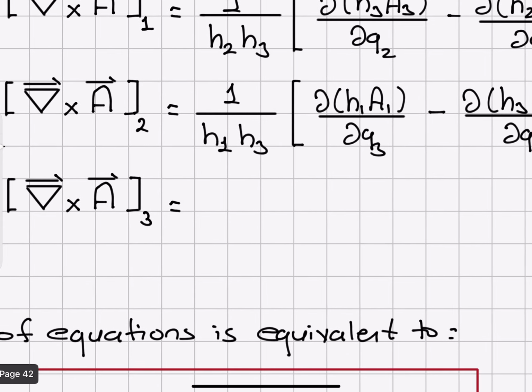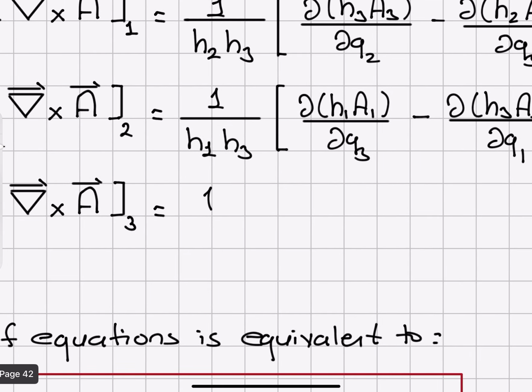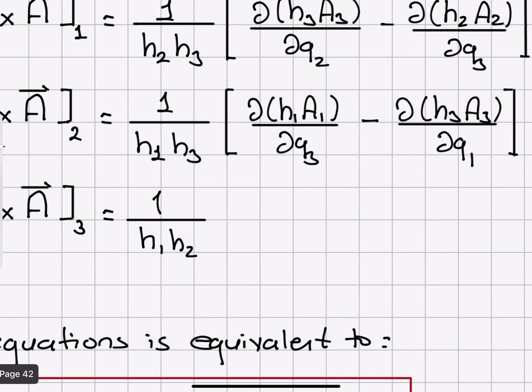And as for the third component, I would have 1 over H1, H2. So I'm going through 2, 3, and then I have 3, 1, H3, H1. Let's write it this way. And then 1, 2, H1, H2. So I'm going in a cyclic mode.